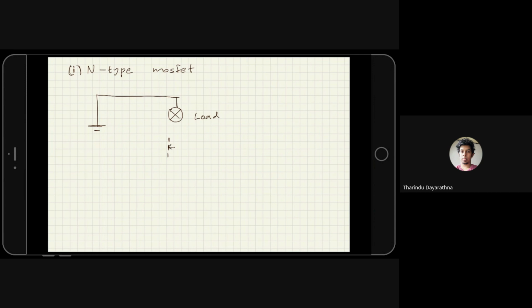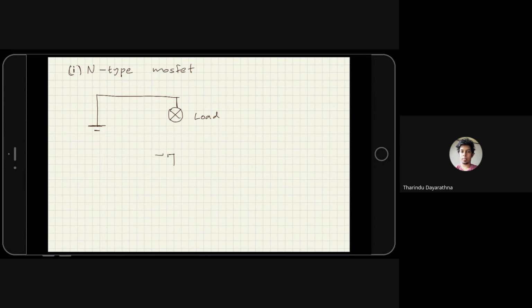If you don't remember the mark, N-type has the arrow inside. The way I remember is arrow is in. So if it is in, that is N-type.